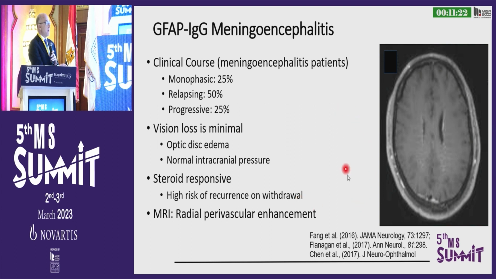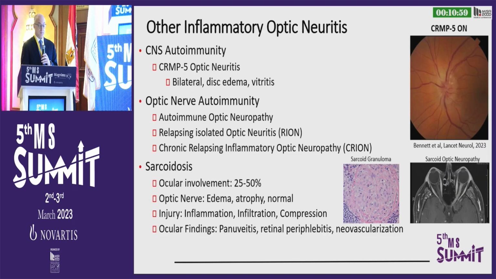The perivascular radial MRI enhancement is a tip-off for this diagnosis, but you will not see MRI inflammation of the optic nerves. This is optic disc edema coming from a papillitis, and intracranial pressure will be normal. Most patients are responsive to steroids, but there's a high risk of recurrence on steroid withdrawal.